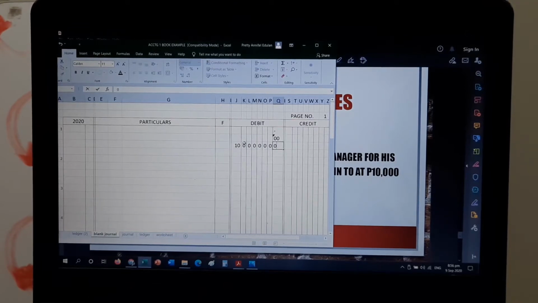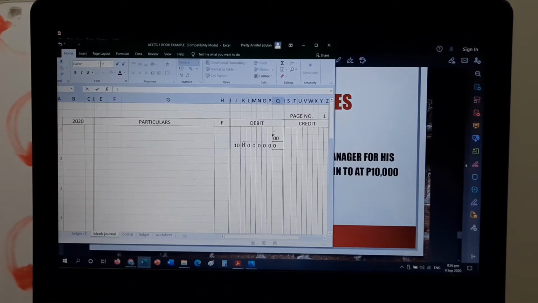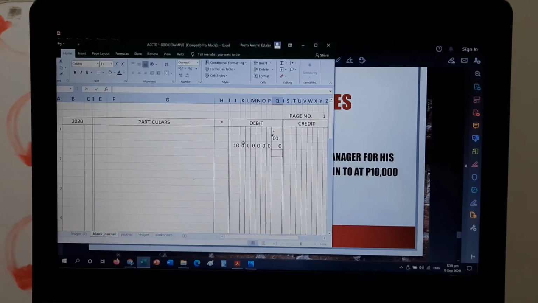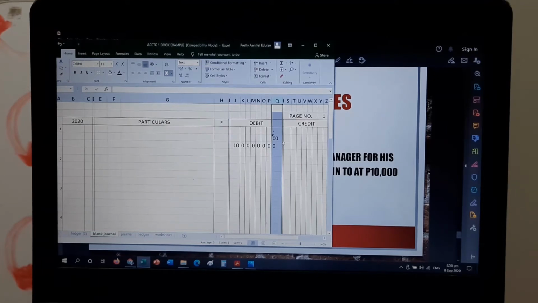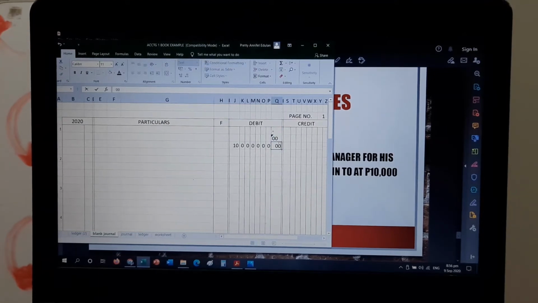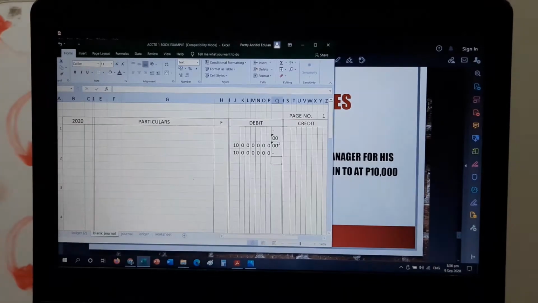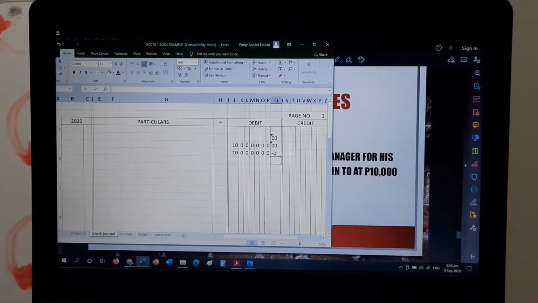Since we don't have decimal, it may either be 2 zeros or dash. So that is 10 million. So how to use that?